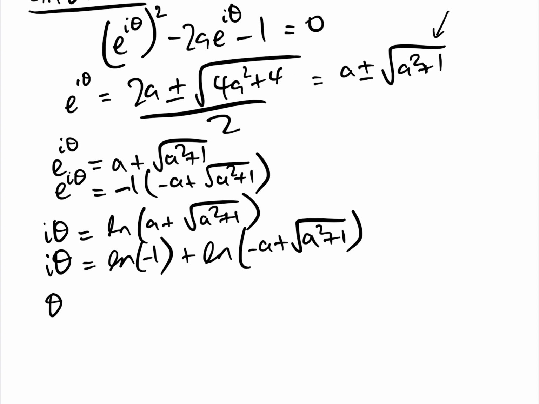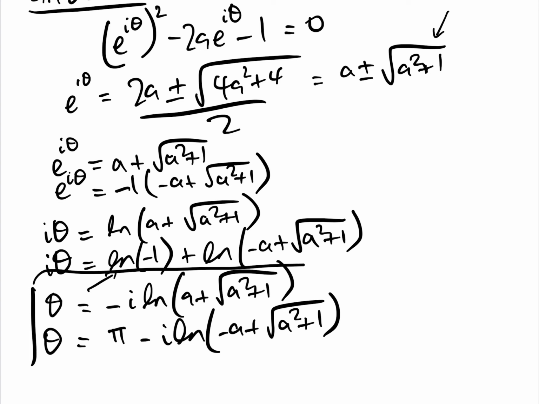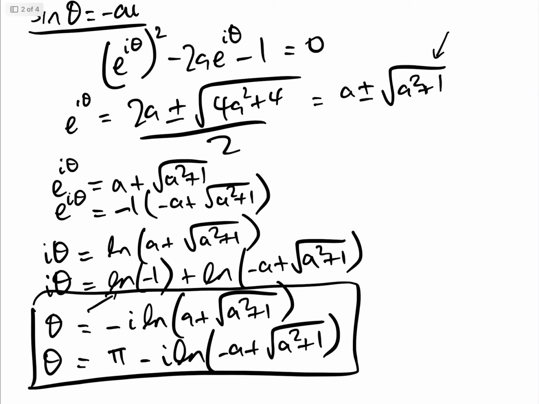And therefore our two solutions here are theta equals minus i log(a add root a squared add 1), and theta equals, well, the log of minus 1, again we just did that up there, is π minus i log(minus a add root a squared add 1). And they are the two solutions to sin θ equals minus ai. So you can see, in actual fact, once we've got the hang of this, they're relatively easy to derive, these solutions for sine and cos.